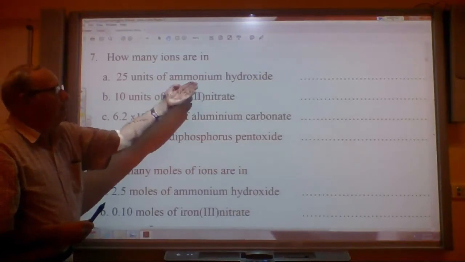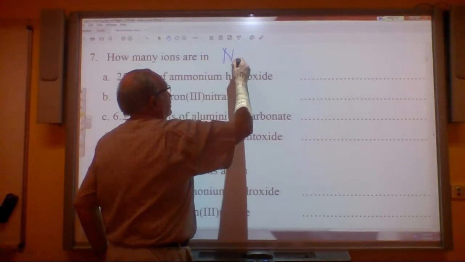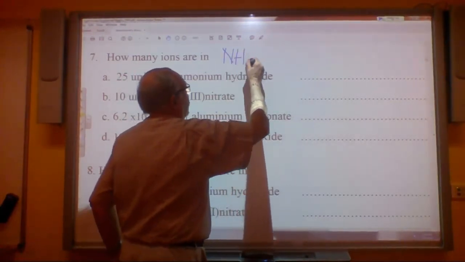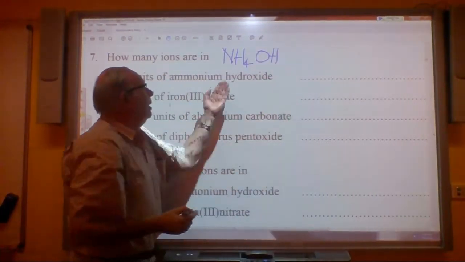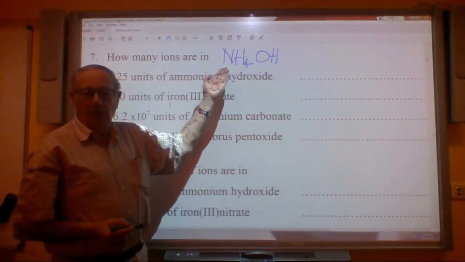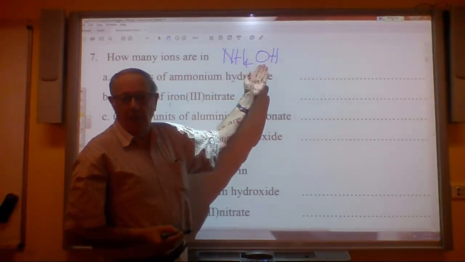So ammonium hydroxide is NH4OH. This is the ammonium part, and this is the hydroxide ion.